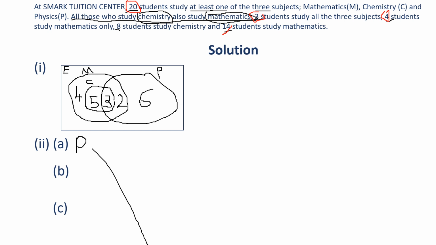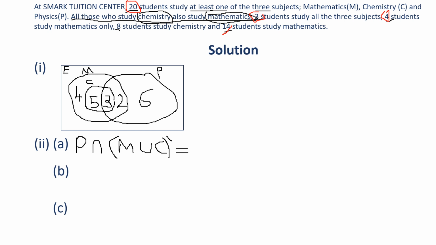Okay, let's get rid of this line. So physics only will be physics intersection (mathematics union chemistry) complement. In this case, this means that when you combine the mathematics and the chemistry, then get rid of them, then get what is in physics.